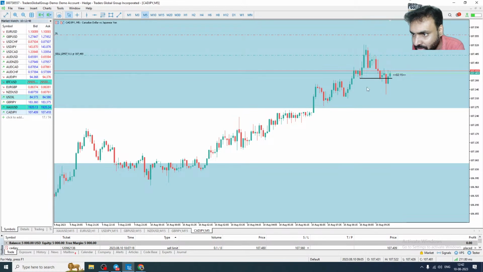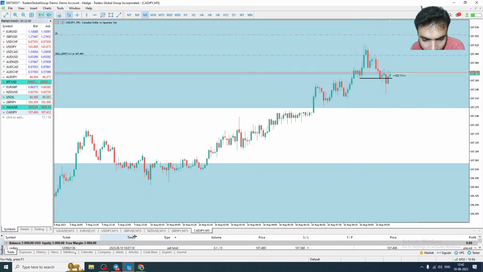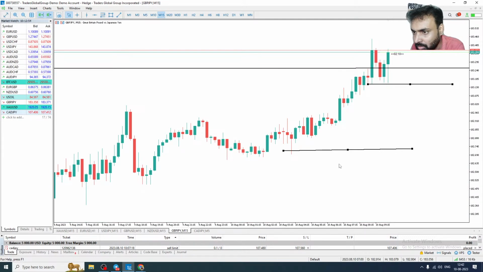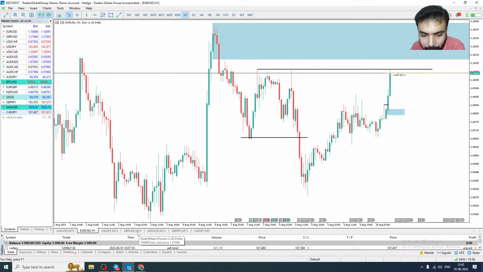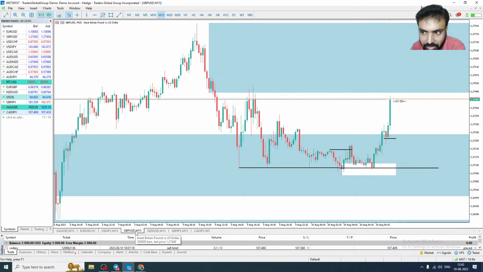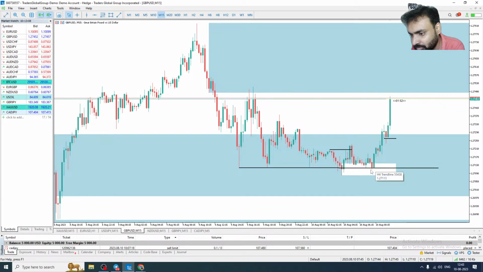GBP CAD JPY is still open. The entry is still open, and GBP JPY has not broken the structure, unfortunately. Euro USD and GBP USD are going above. Okay, so the 10:30 entry you would have taken would have given some good profit.